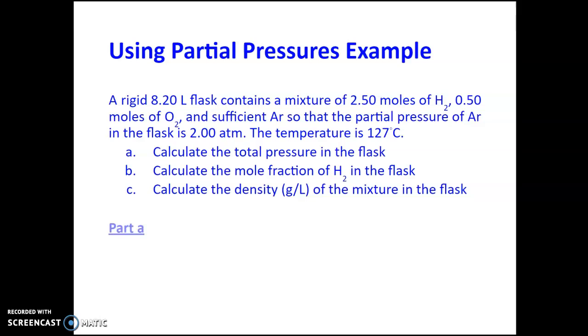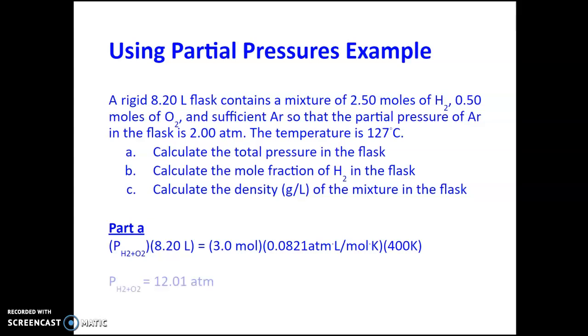Okay, so it's going to look like this for part A. So the partial pressure of hydrogen and oxygen is 8.2 liters equals 3 moles times the gas constant R times 400, and my 3 moles comes from adding together 2.5 moles of H2 and 0.5 moles of O2 to include both of those in my calculation.